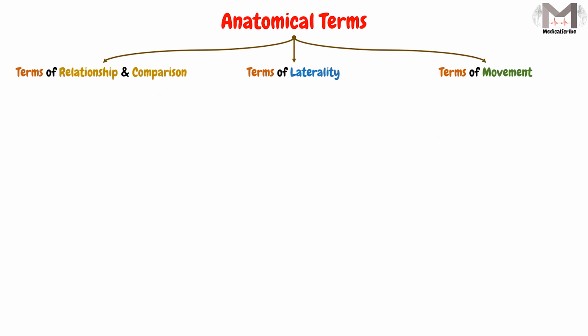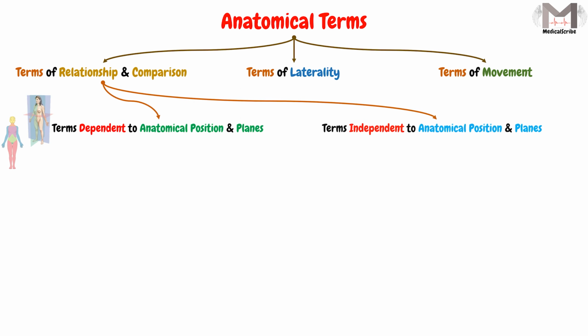This first group is then subdivided into two subgroups of terms, which are the terms that depend on the anatomical position and the planes, and the terms that are independent of the anatomical position and the planes.